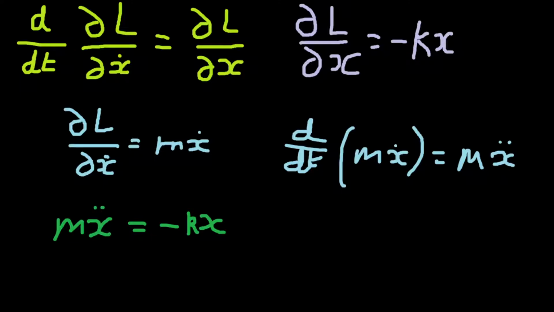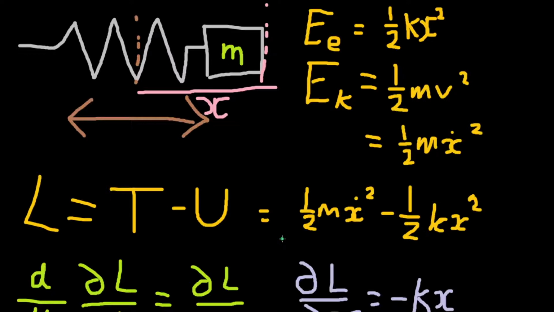And this is essentially a second order differential equation. You can solve this in order to find an explicit expression for the position at any given point in time. Now let's make the assumption that the initial time is when we apply this displacement to the spring and then let it go, so it begins oscillating.